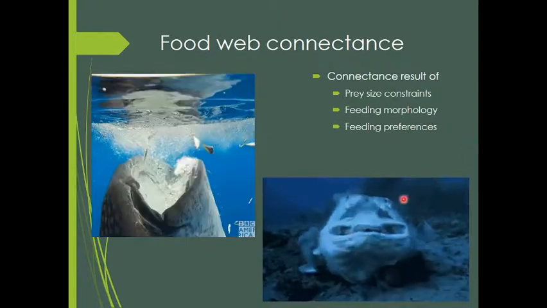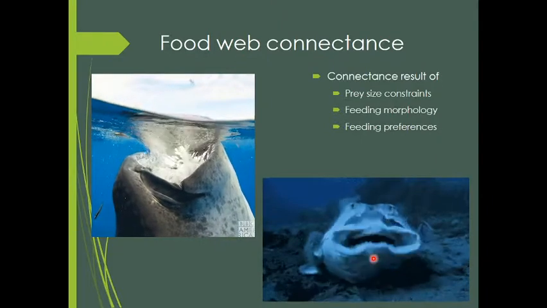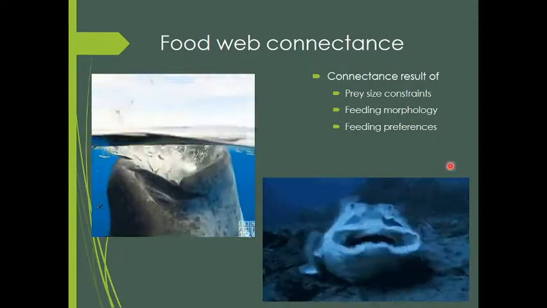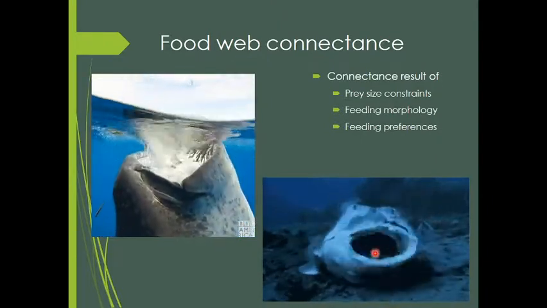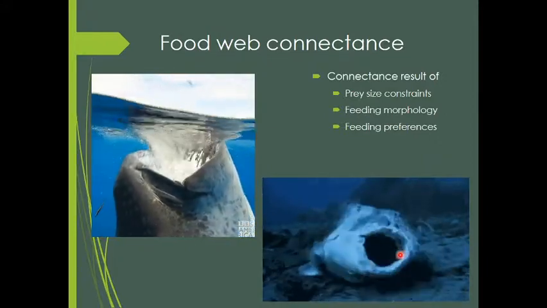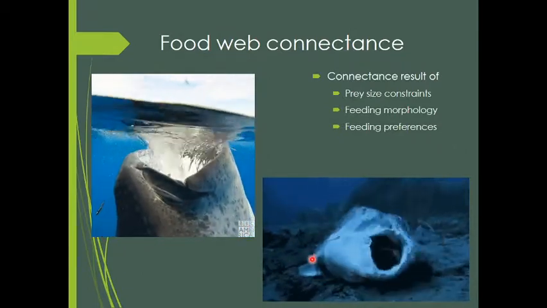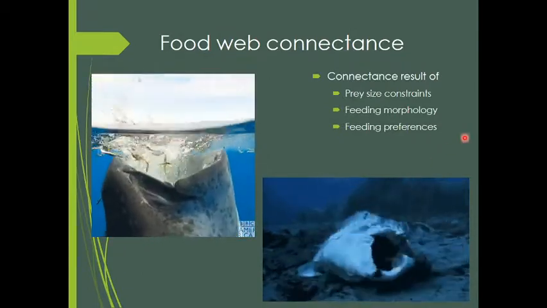This is one of my favorite GIFs here, where we've got this fish, I don't even know what fish this is, eating this dogfish, right? This type of feeding method is great for eating large fish, but it's a lot of energy wasted if it's going after a tiny little fish.